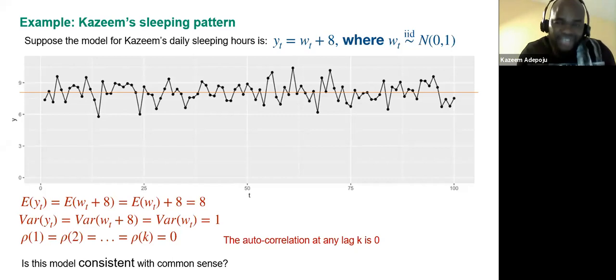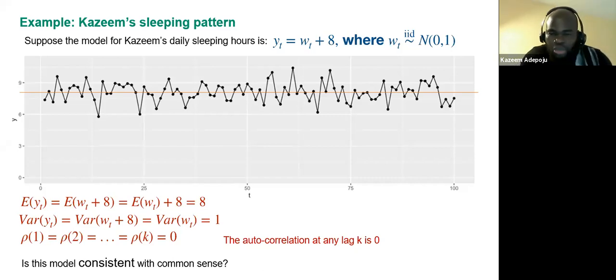Before I go today, can I ask a question, and for whoever wants to share? This is my own daily sleeping hours. This is my model, and my model is more or less like a white noise.